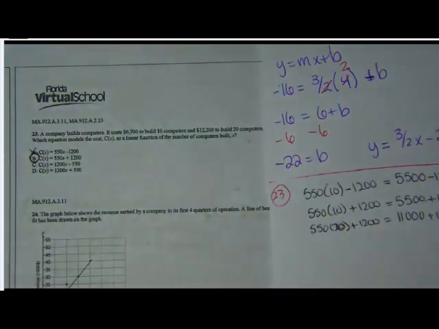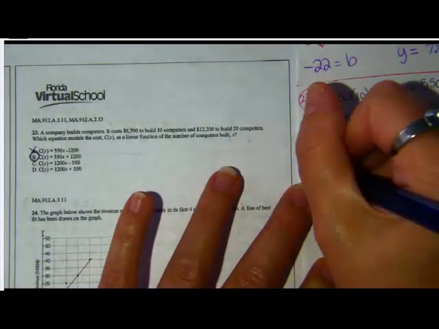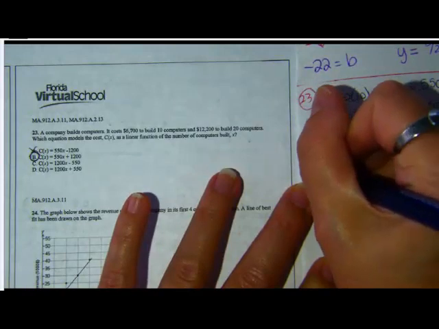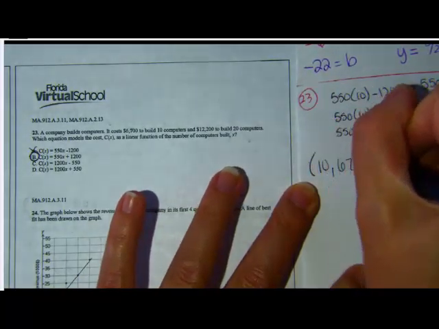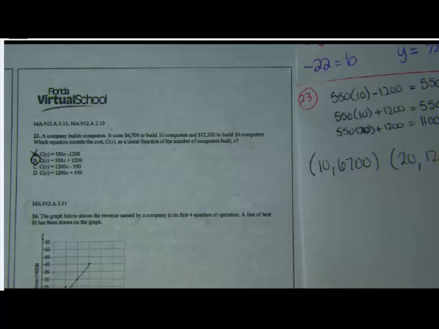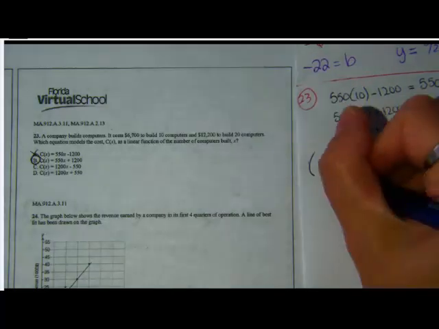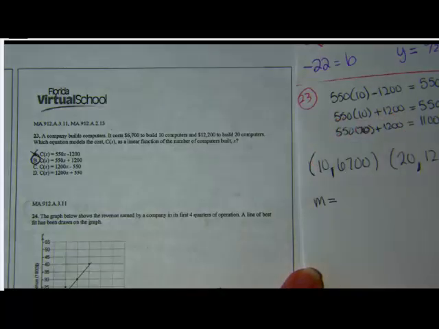Okay. If this was not a multiple choice, you'd have to do the slope. Your points are 10, 6,700 and 20, 12,200, because x is 10 and 20. So you'd have to find your slope.